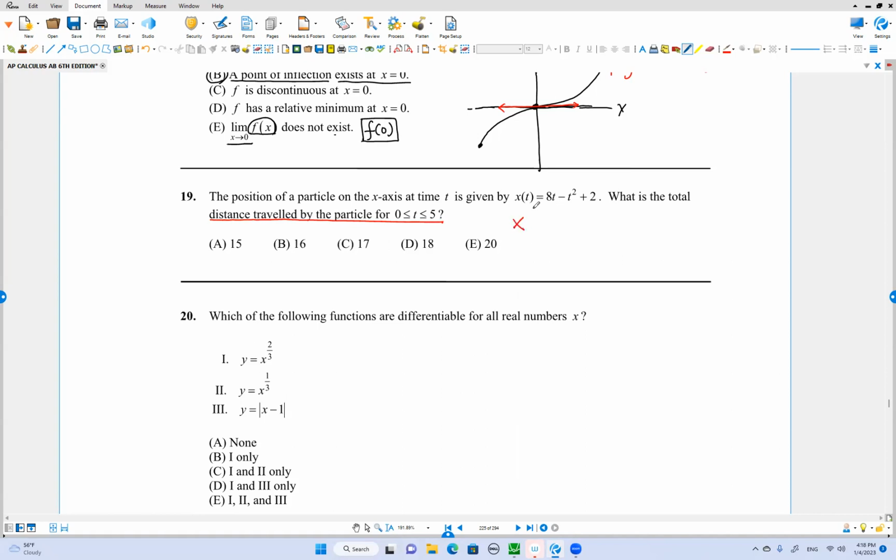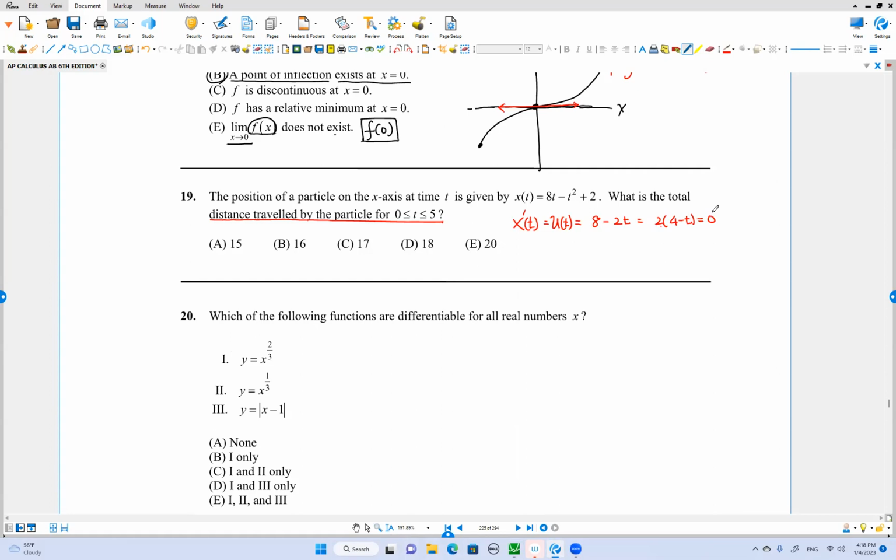F prime of t, that is the derivative. Take a look, the derivative is 8 minus 2t. So to make it equal 0, t equals 4, isn't it? Or you can factor: 4 minus t.